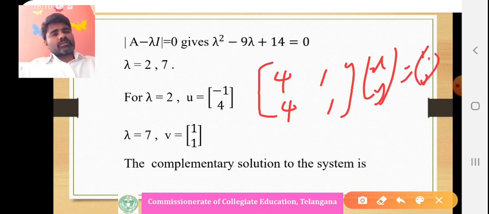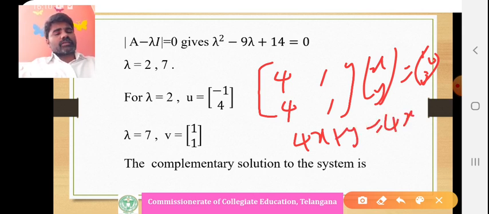This gives 4x plus y equal to 0, so y equals minus 4x. If x is minus 1, then y is 4. That is why the eigenvector is (-1, 4). This is the eigenvector corresponding to lambda equals 2.